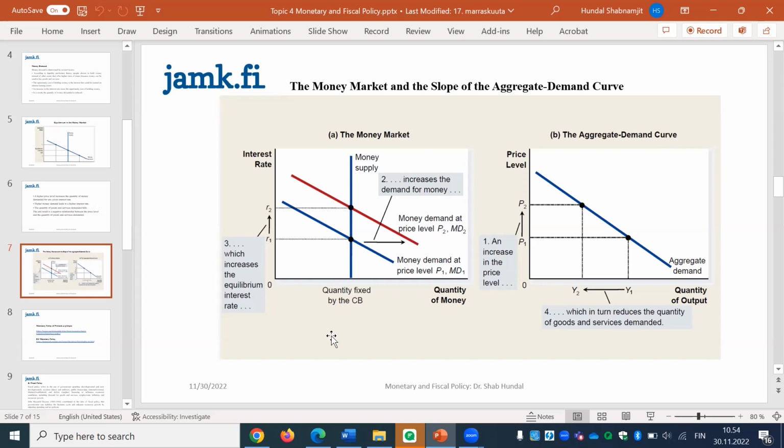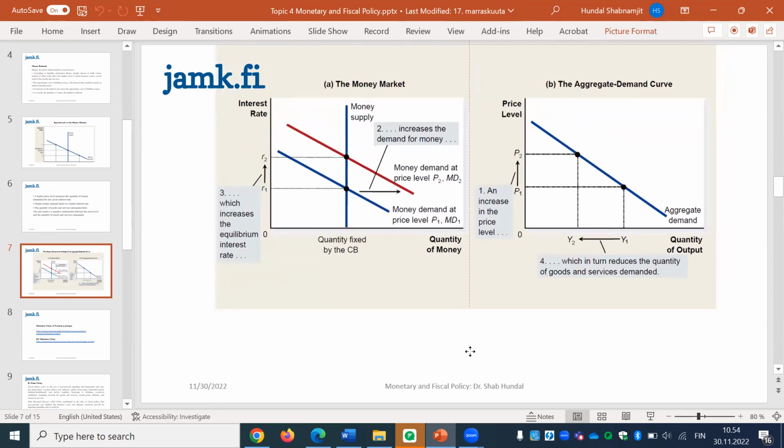So the idea is how the real economy and the monetary economy are connected with each other. And read the points by number, point 1, point 2, point 3, point 4.